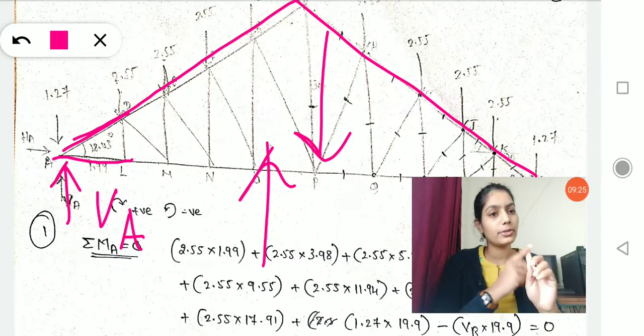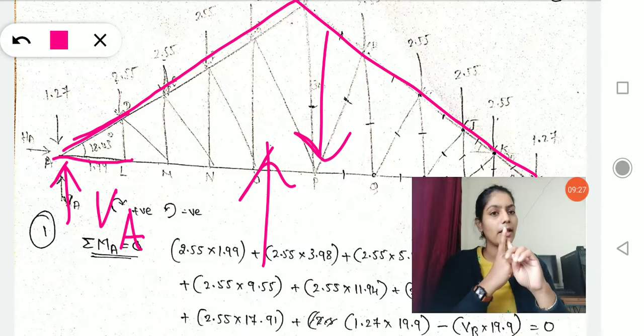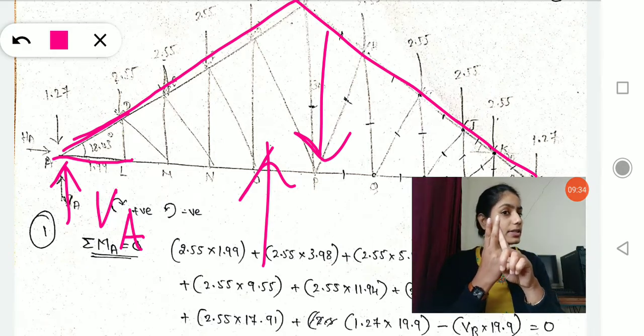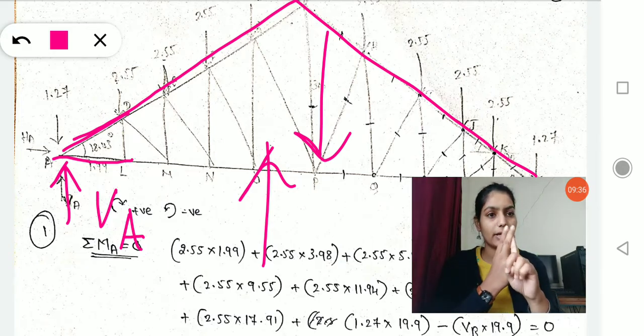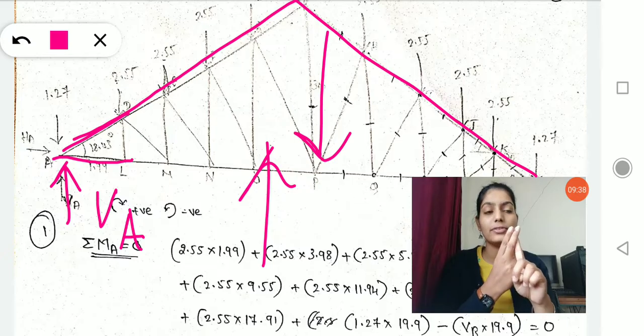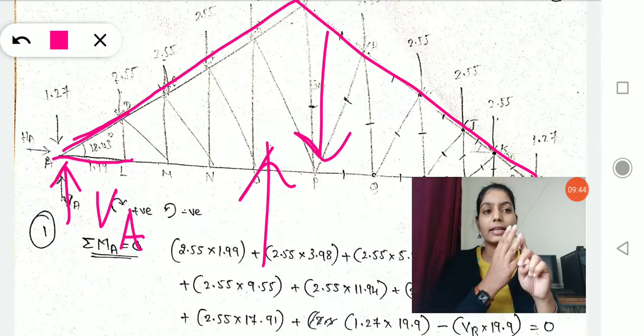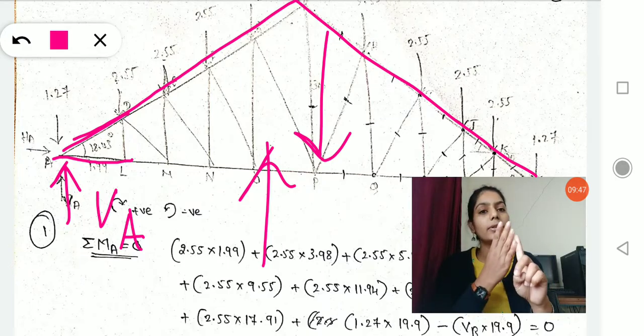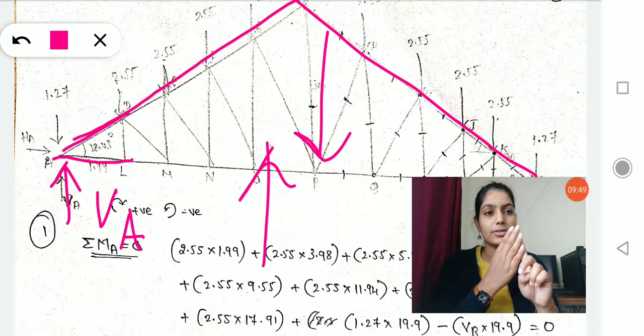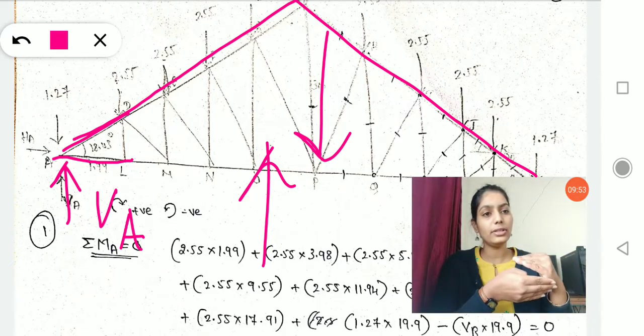So we understood: first, we have 2 equilibrium equations to solve any joint. Second, the moment equation is not applicable for analysis of a joint of a truss. Third, select the joint which has number of unknowns less than or equal to 2. Fourth, we calculated reactions by balancing total downward force equal to total upward force.